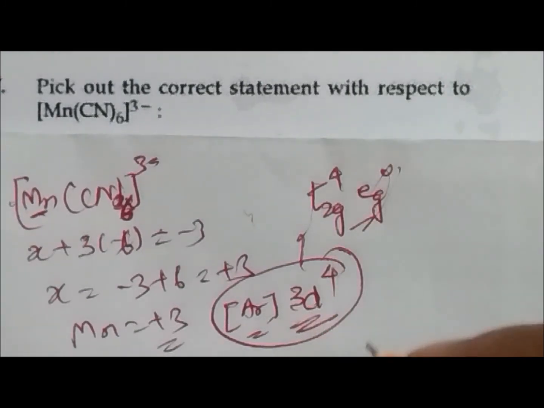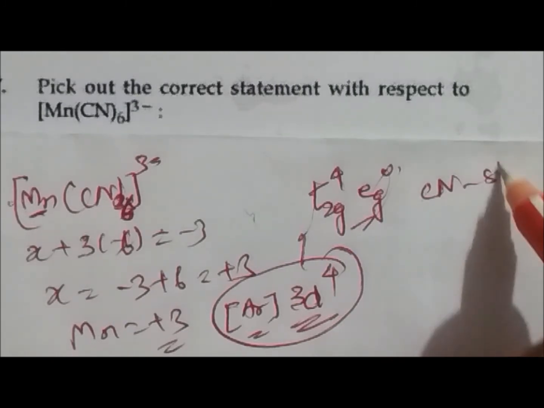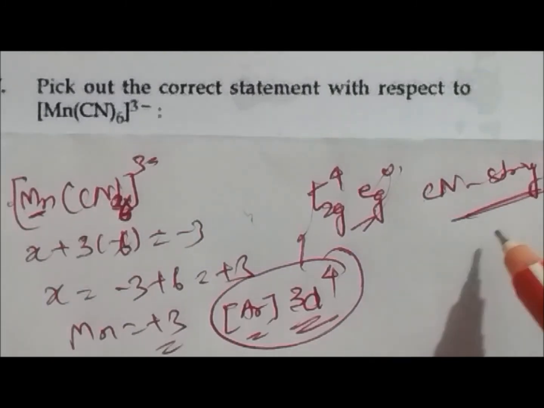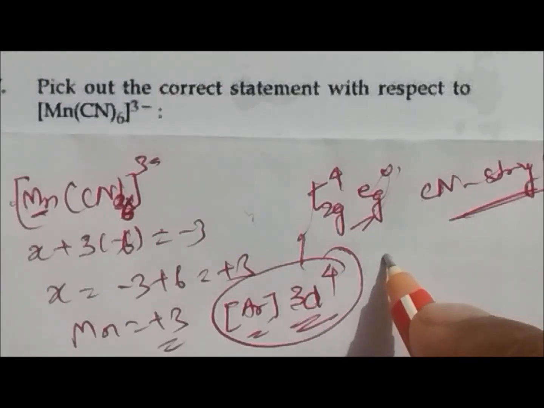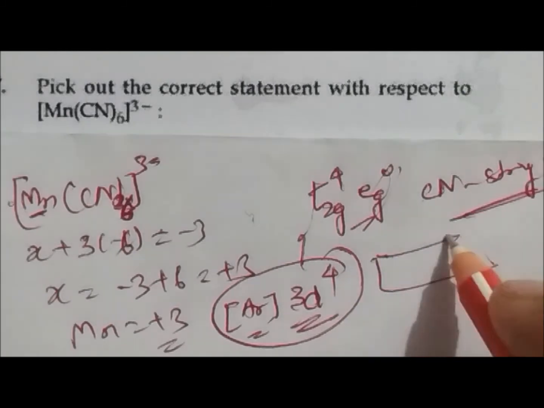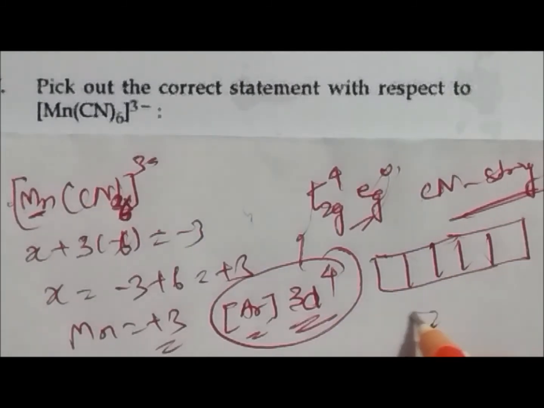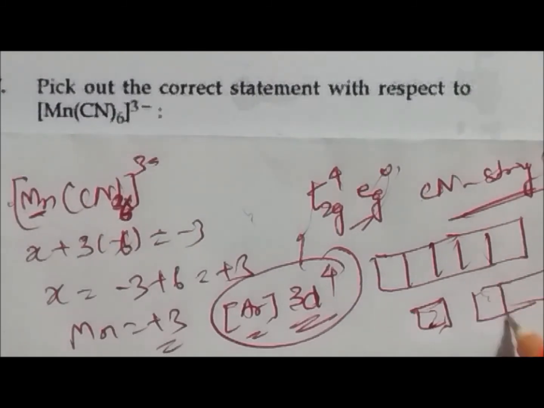Why is it empty? Because CN is a strong ligand, and that's why these electrons will be paired up, so we get the configuration like this. Next we have the 4s and then the 4p.